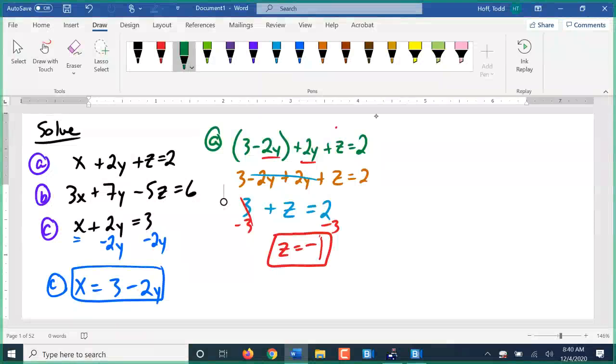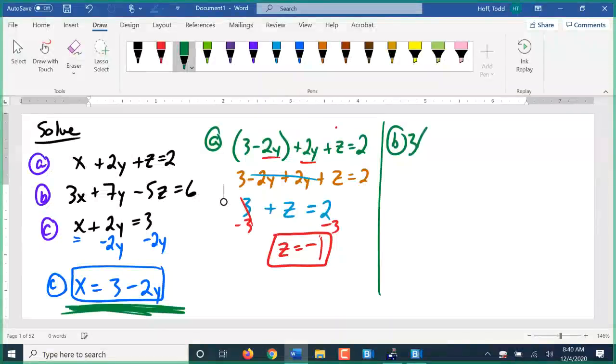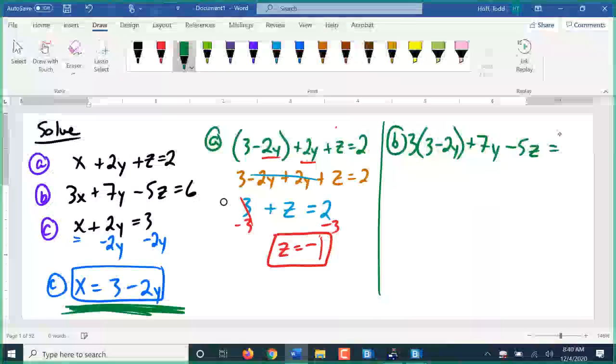Now we have not used equation B yet. So we're still using this equation C to substitute in. Let's put it into equation B. So 3x becomes 3 times 3 minus 2y. We put that in for x still. Plus 7y minus 5z equals 6.